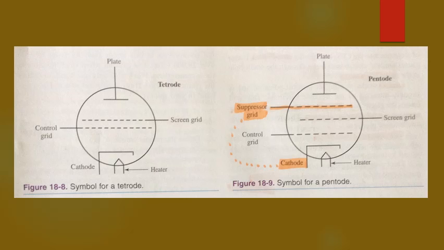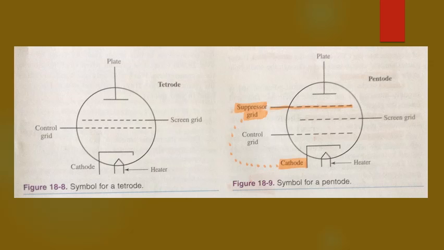To overcome the drawbacks of secondary emission, a third grid is placed in the tube between the screen grid and plate. This grid is called the suppressor grid. The tube now has 5 elements: cathode, control grid, screen grid, suppressor grid, and plate. This tube is called a pentode.